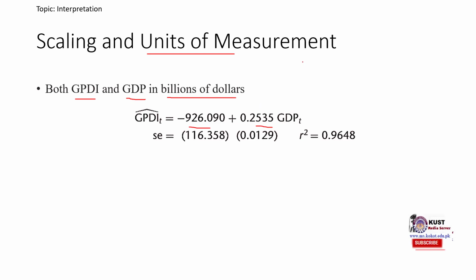In our previous example, our dependent variable was income and our independent variable was education.